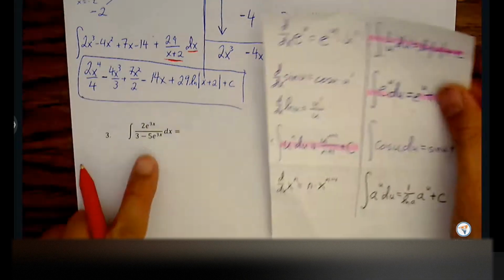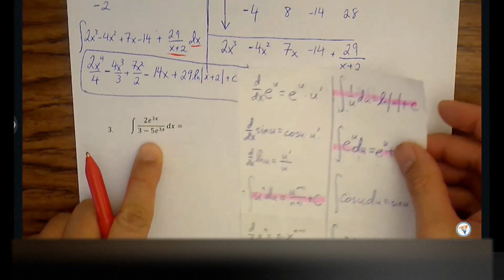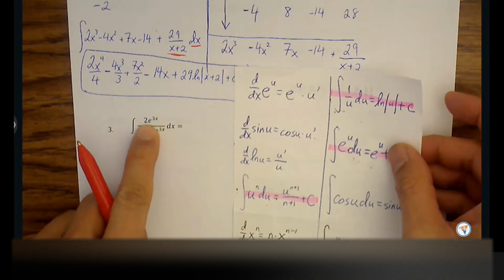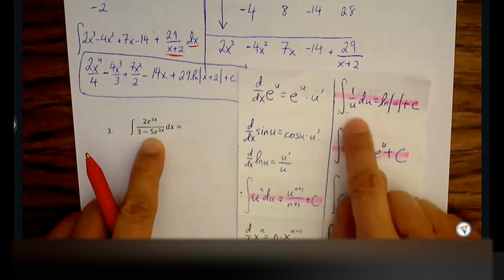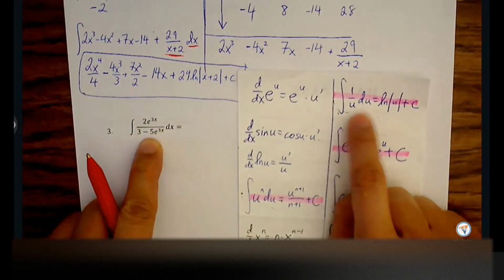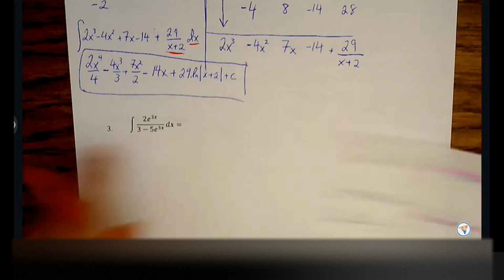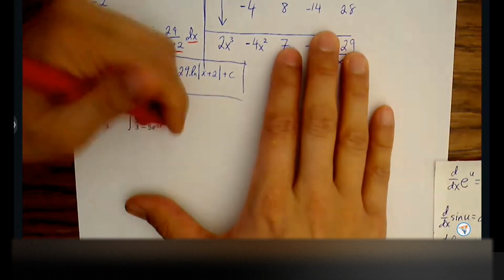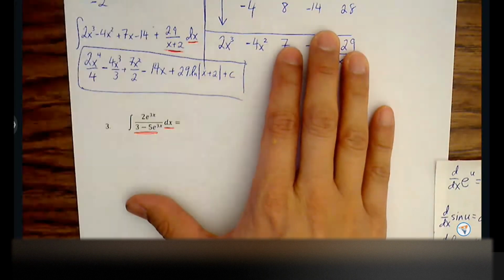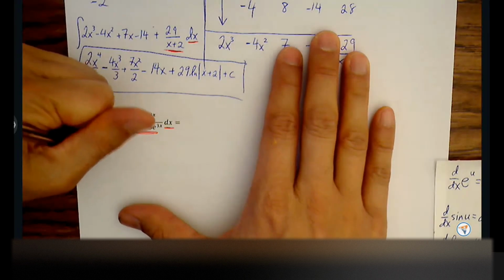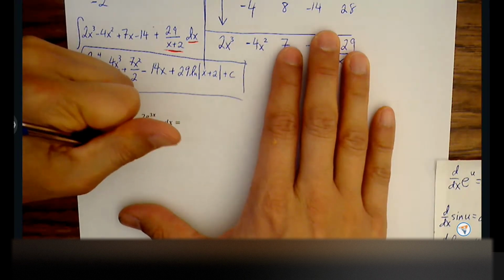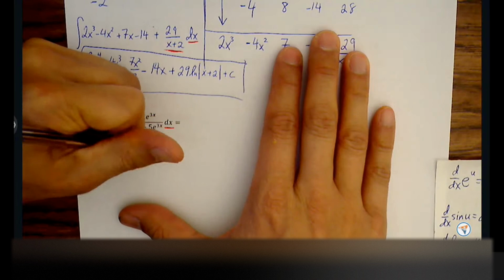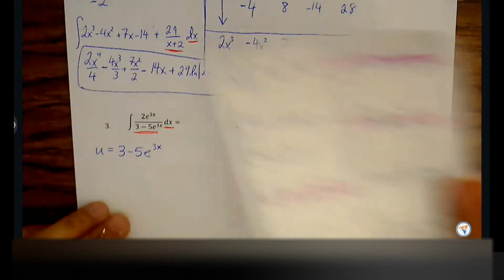So if we let the entire denominator be the U value, the hope is that the derivative will take care of the top, and we can move towards this 1 over U rule. Okay. All right, there's our U value.